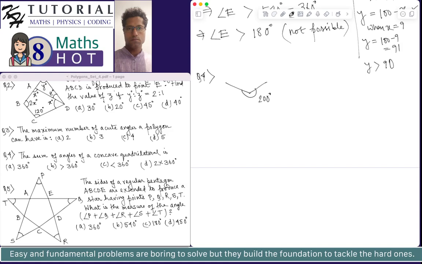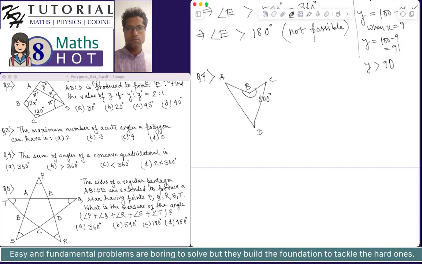Now we have these two sides, AB and BC, which are the two arms making the interior angle greater than 180 degree. Since it is a quadrilateral, we must have two other sides. So it should be something like this. A, B, C, D. So this is a concave quadrilateral.